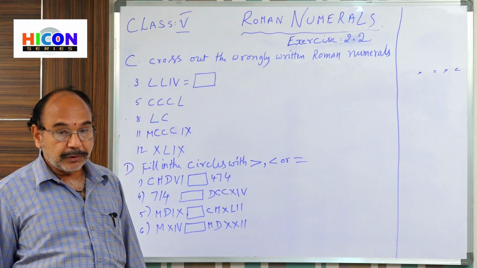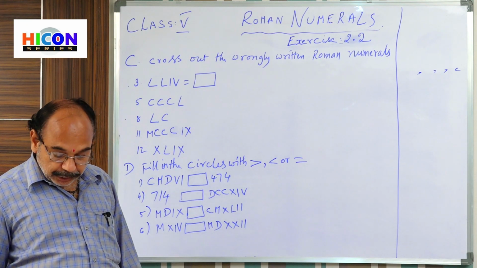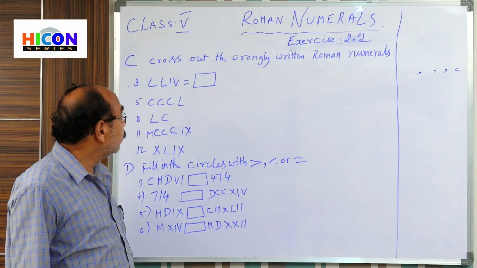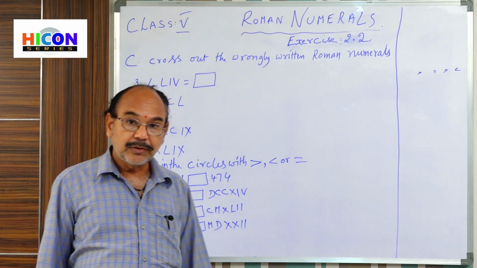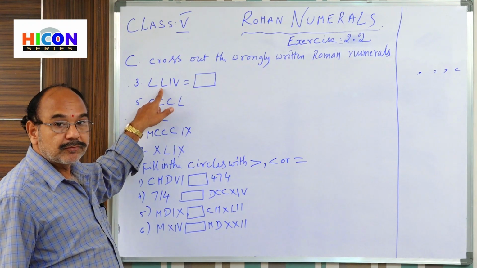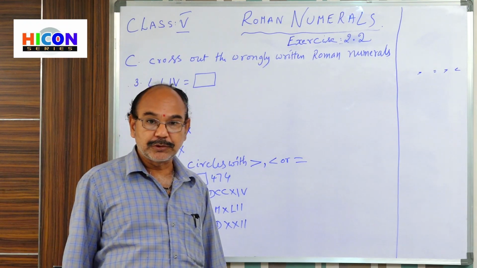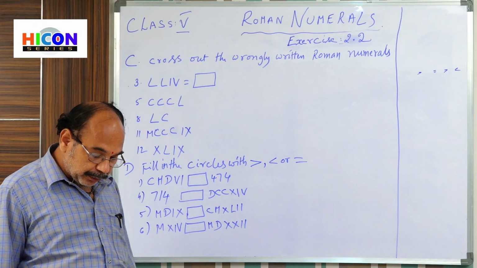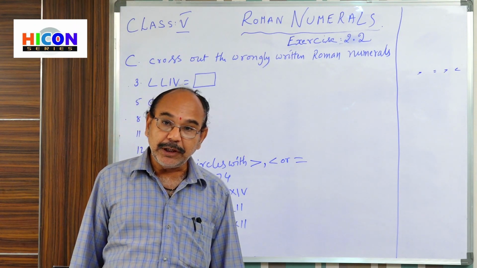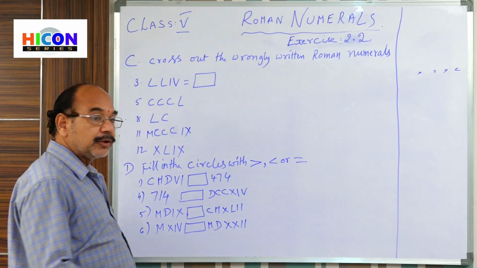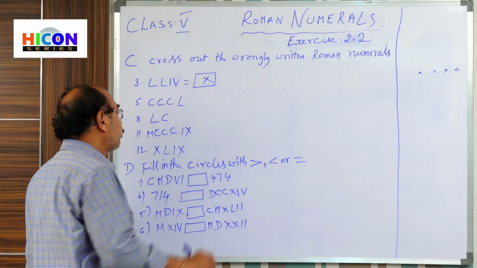Why? Because one rule is there. According to this rule, V, L, D can be used only once. Here L is repeated 2 times, but according to the statement, V, L, D can be used only once. That's why we should not write like this.